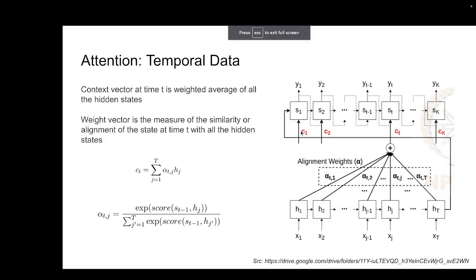In this particular slide, which has been taught by sir but is a revision, this is another machine translation example, where the x's are the source sentence and the y's are the target sentence.